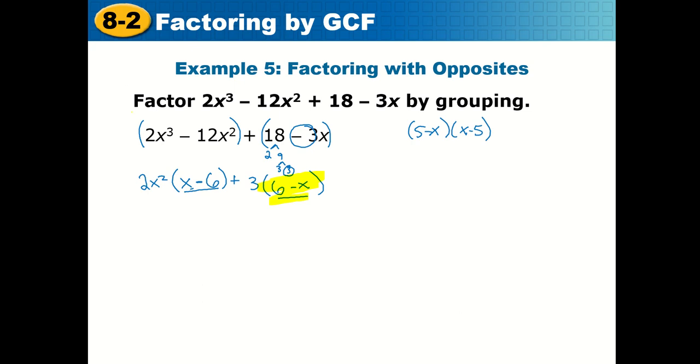So that means that this is going to stay the same. Switch back to my blue here. So this is going to stay the same, 2x squared times x minus 6. And then this now is going to be 3, but I'm going to factor out a negative 1 from that, and then switch these around.